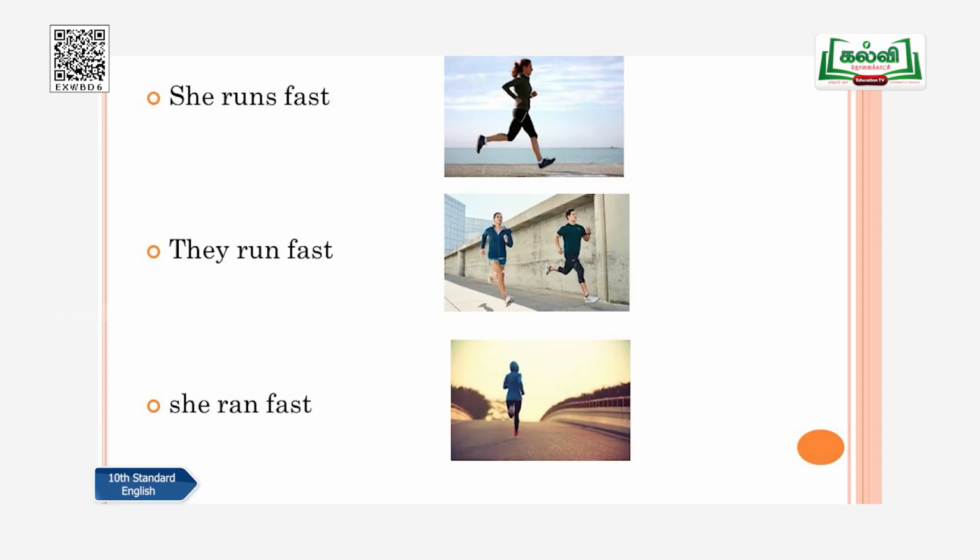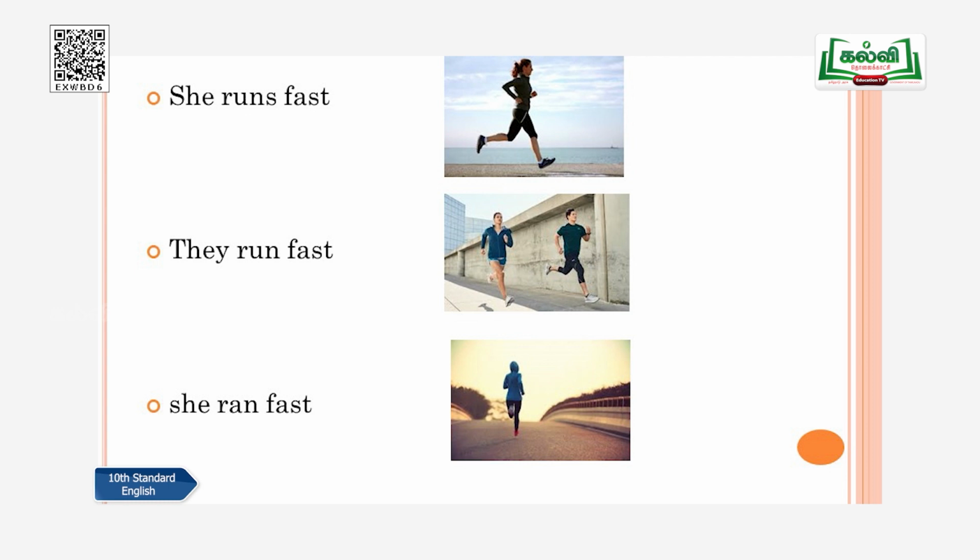Now what could be the reason? Think about it, children. Why do you think that I have used the different forms of the verb in different sentences? Yes, very good. Did you get the answer? Yes. The first sentence, the subject is she, that is in singular. So we have used runs there.